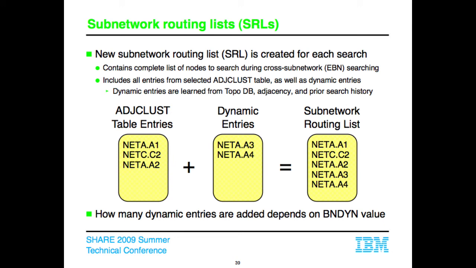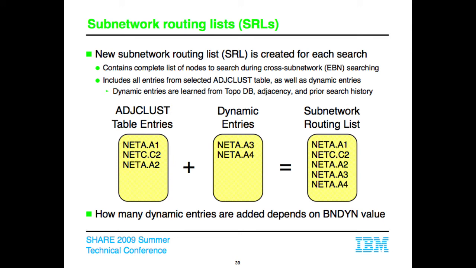So instead of using the adjacent cluster table itself to do our searching, we use the entries from the adjacent cluster table, along with any dynamically allowed to be added entries based on BN dynamics, and we use the two of those together to create a subnetwork routing list. We use the subnetwork routing list for one search, and when that search is done and we get to the bottom, we throw that table away.